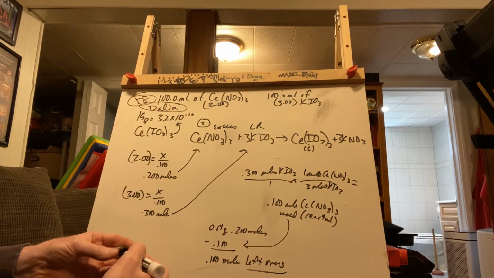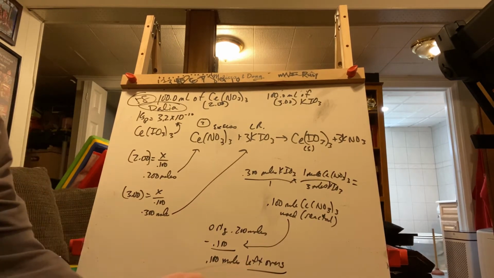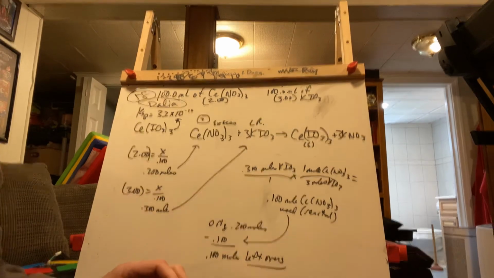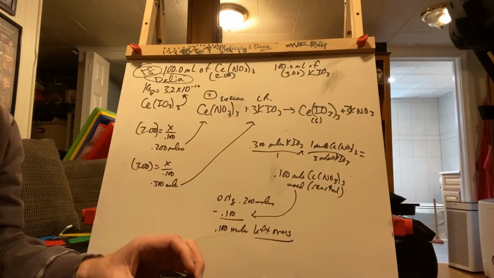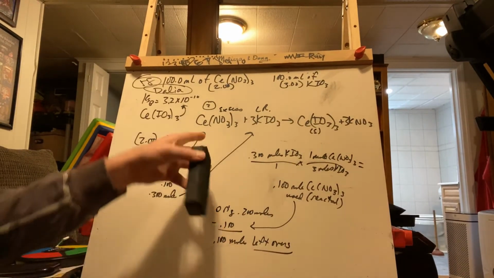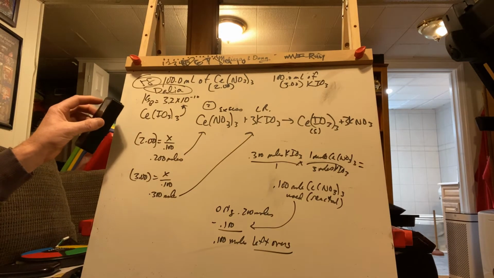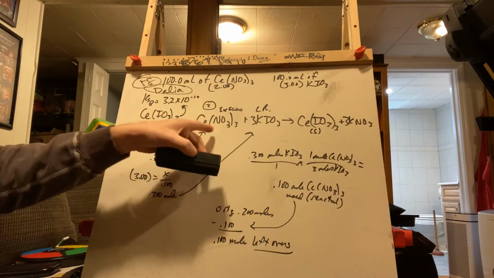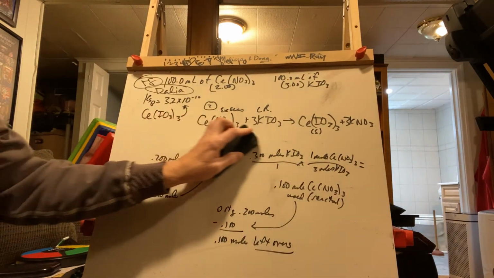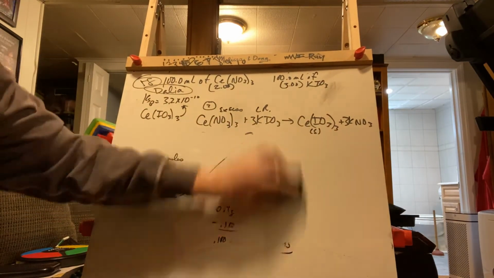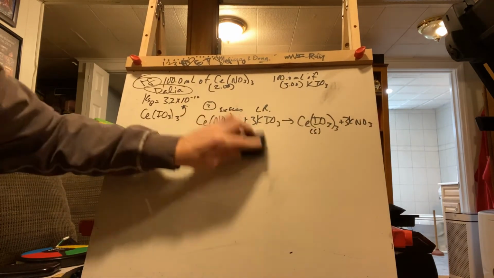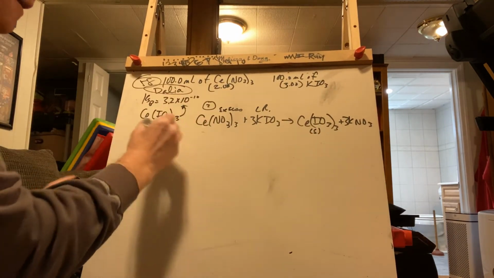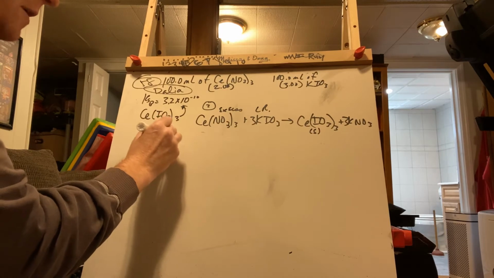So now we're going to do the backward step here. We're going to take this amount and do a Ksp problem. So just remember that number, 0.1 leftovers of this one. So this is our Ksp problem now.